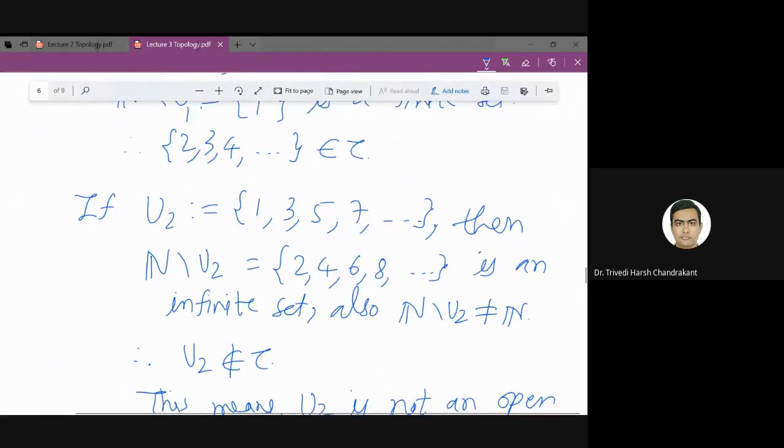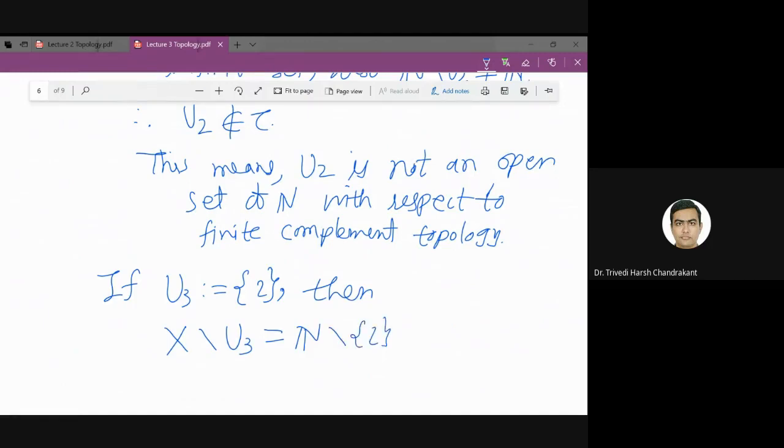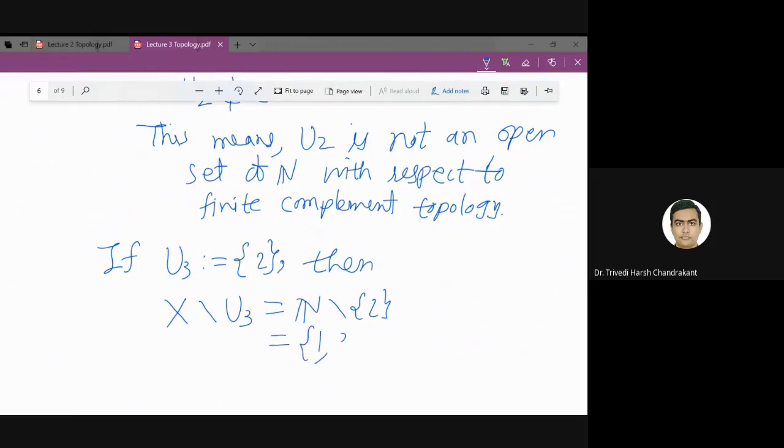Now the third set I would like to consider is a singleton set. If I take U3 defined to be, let us say, singleton 2, I want to check whether U3 belongs to tau or not. Let us take the complement. So X minus U3 is natural numbers minus singleton 2, and that is 1, 3, 4, 5, and so on.